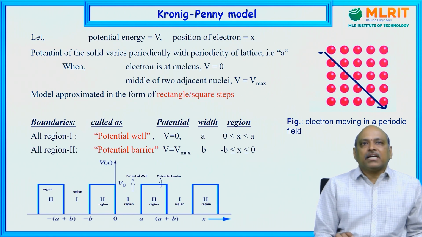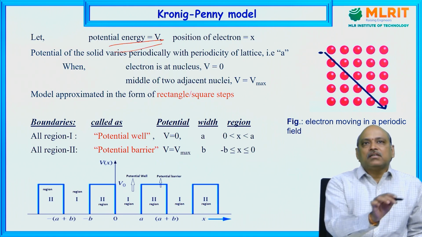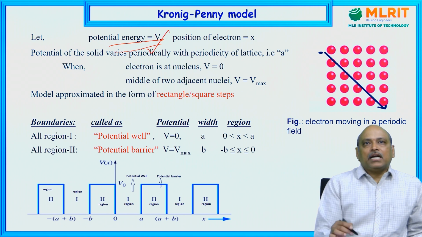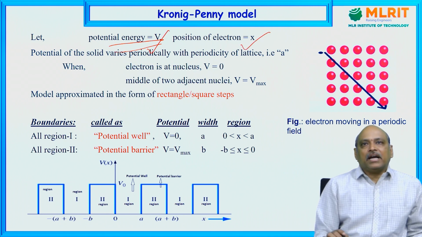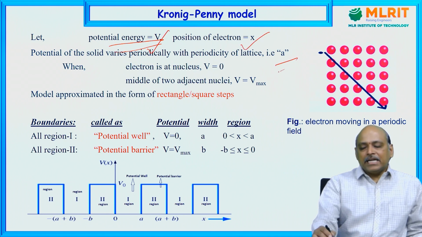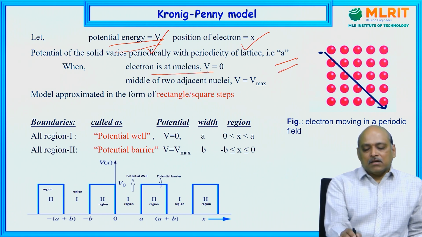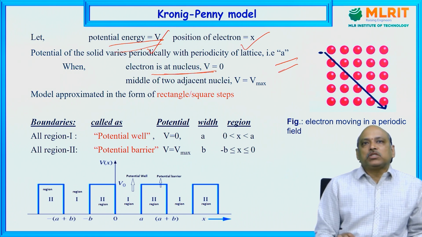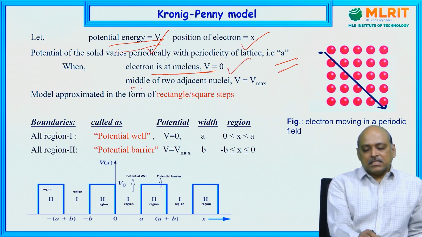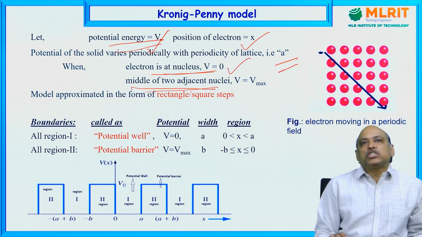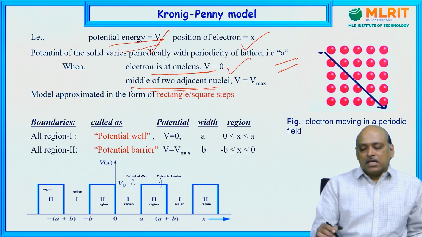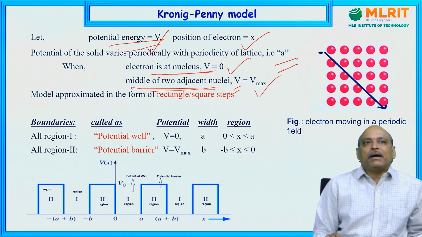So if you take the potential energy of the electron as V, the position of that electron as X, and the lattice constant as A, we can say that when the electron is very near the positive ion site, the potential energy is 0. When the electron is in the middle of two positive ion sites, the potential energy becomes the maximum value.